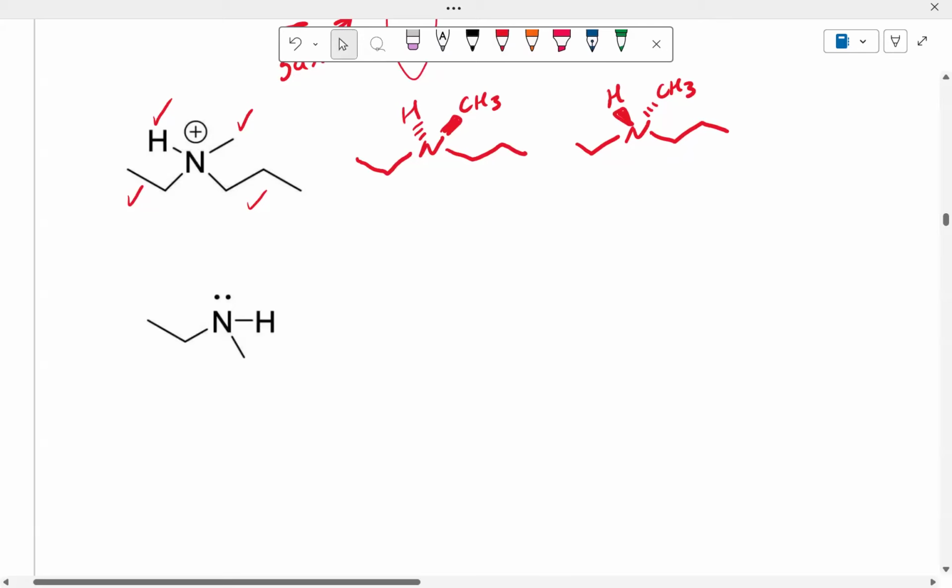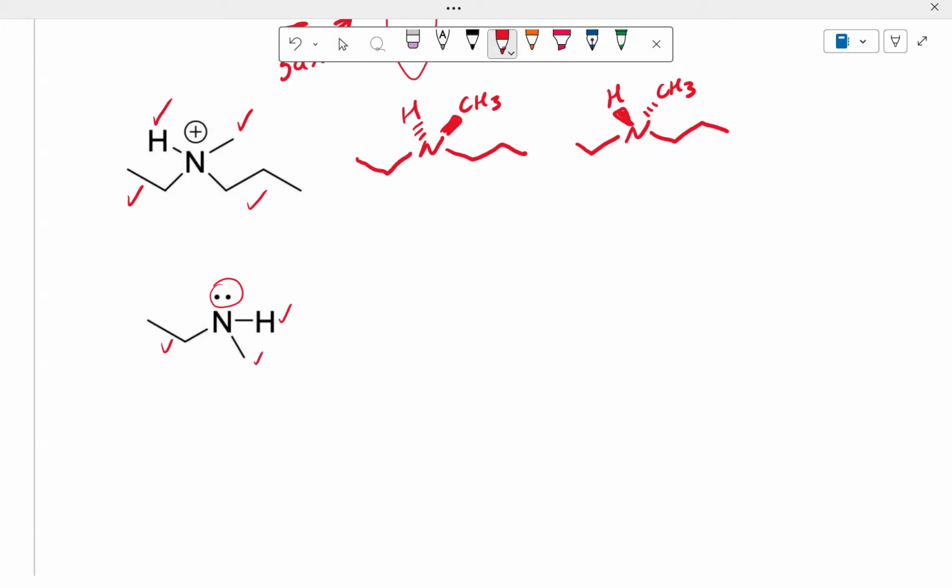All right, now this last one is a little bit of a trick question. We know the CH3 and the CH2 can't be chiral. But if we look at this nitrogen, you've got a hydrogen, a methyl, an ethyl, and a lone pair. Technically, that lone pair is a group.